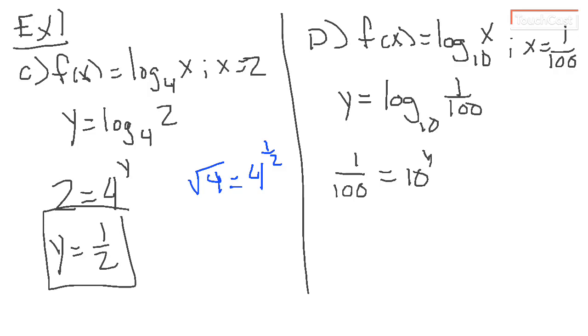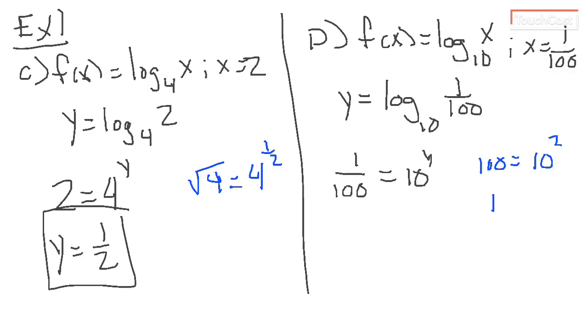So I do know that 100 is 10 squared. So I know 2 is going to be involved in my answer. 100 equals 10 squared. I also want us to keep in mind there is a rule that if we have a fraction, we can write that as a base to a negative exponent.